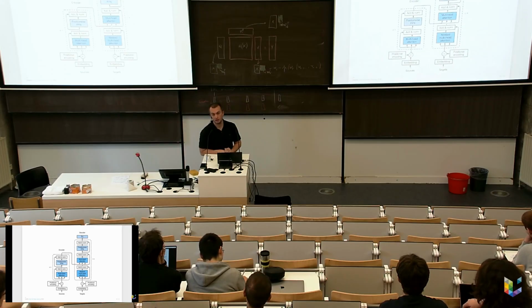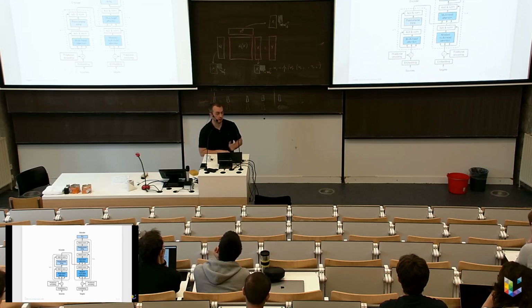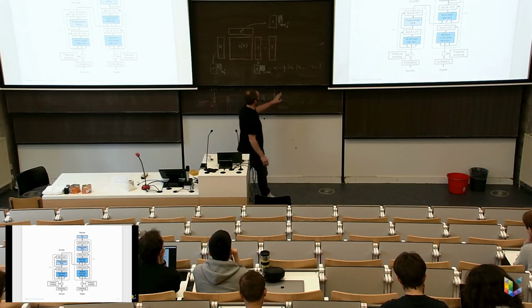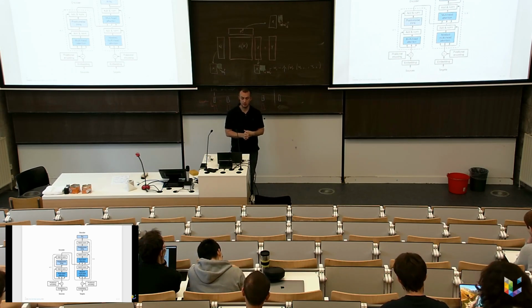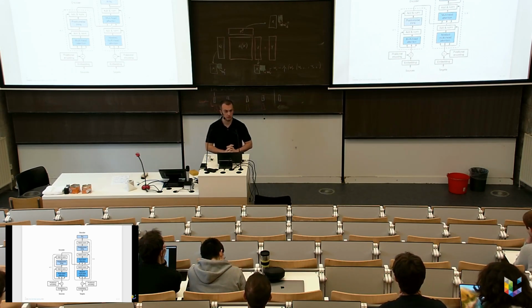Or do we have data which would tell us a good next word is this? Yes, we can assume that we have pairs of, for example, input sentences and output sentences in one language and in the other. So we know what should be a good next word. So how do we train this? If we have such a data set, what loss function would you use?